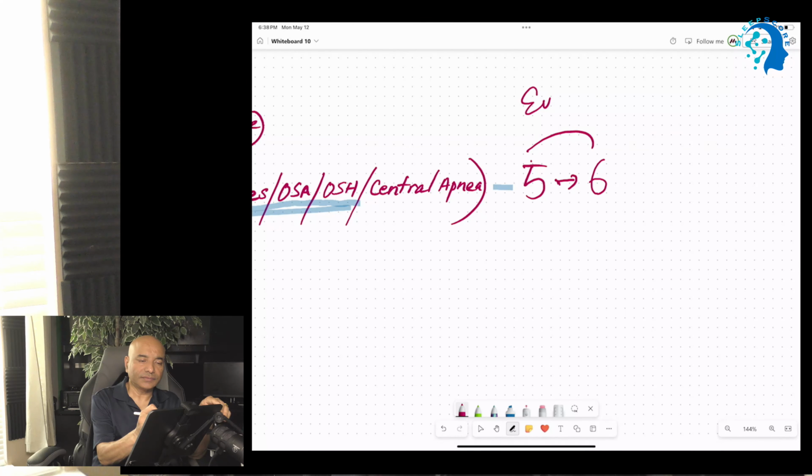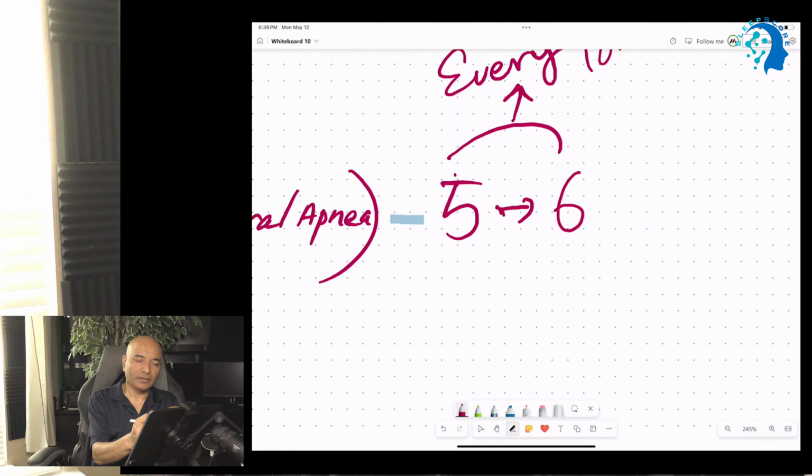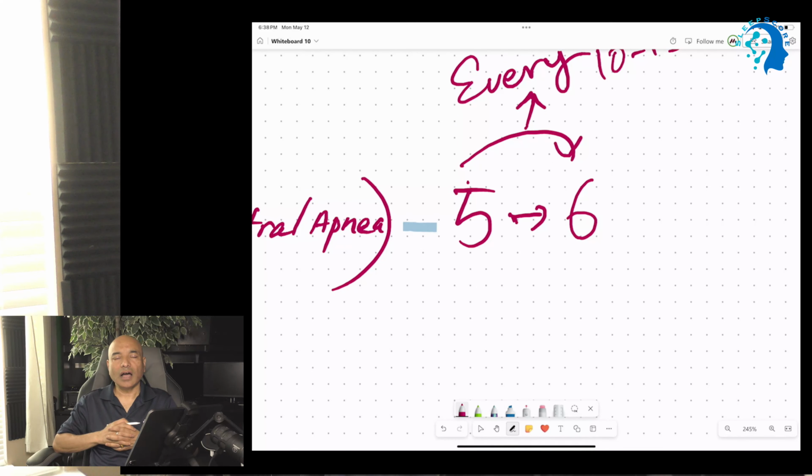Increase pressure 5 to 6, and wait. How long do you have to wait? 10 to 15 minutes. The minimum is 10 minutes normally. That is the standard. And if you see those things again, then increase to 7.